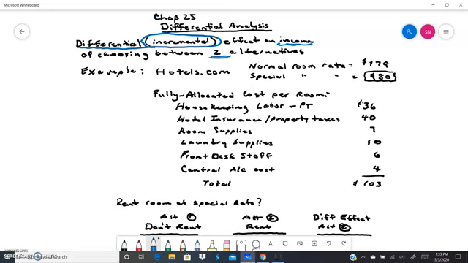So this would be an example. Say, for instance, you work for a hotel chain, and somebody like Hotels.com pays you a visit and says, hey, we noticed that your normal room rate is $179 a night, and we'd be interested in advertising a certain number of your rooms at a special rate of $80 per night.